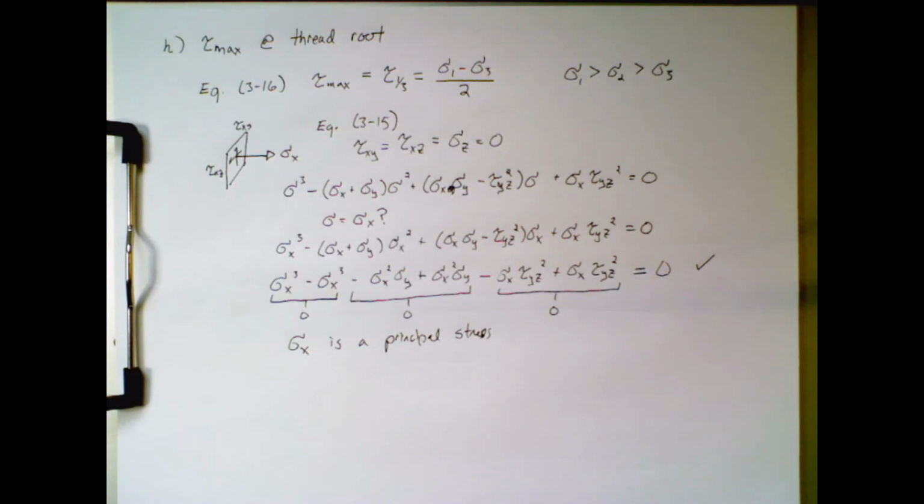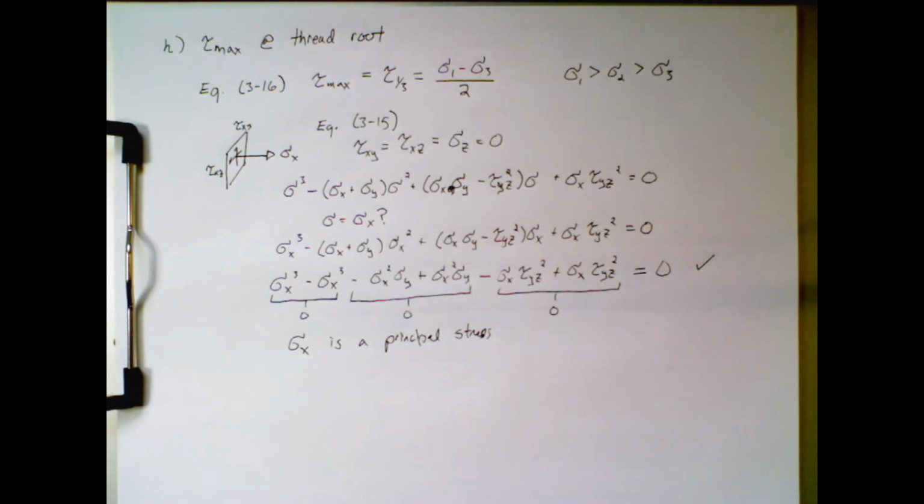So we don't know yet which principal stress it is. We don't know if it's sigma 1, 2, or 3. So we need to go through and determine the other principal stresses so that we can order them, and then we can use them in equation 316 to find out what is the maximum shear stress. So how do we determine the remaining two principal stresses? We're going to have to do a planar reorientation.